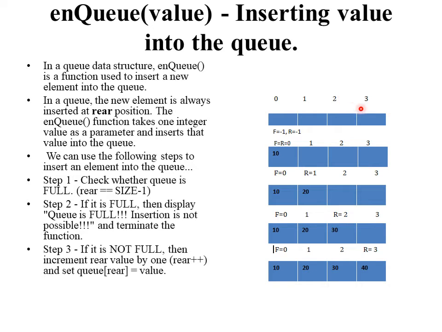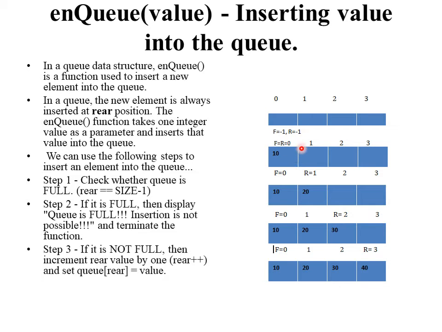In the previous slide I showed the size, and now I have initialized size equals to 4. Queue of size is what? Now it is 4. In a queue, the new element is always inserted at the rear position, that is, rear equals -1 initially.